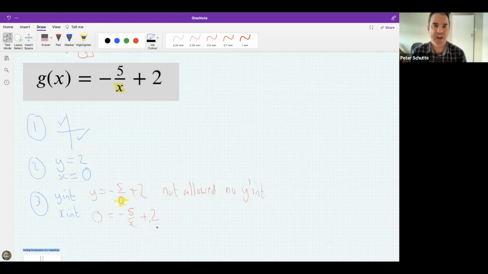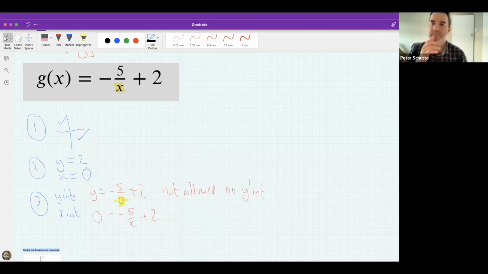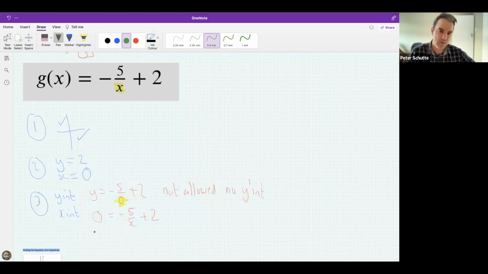Let me know in the chat what you think the x-intercept is. So the x-intercept, I have to solve this equation down here.